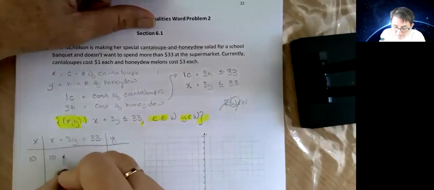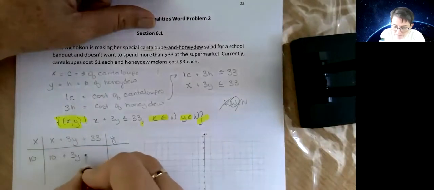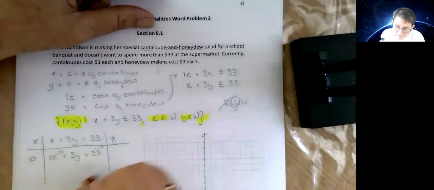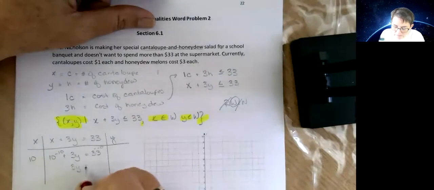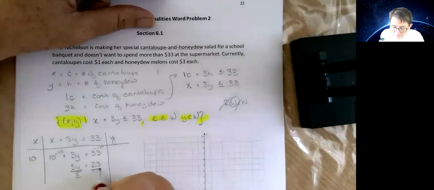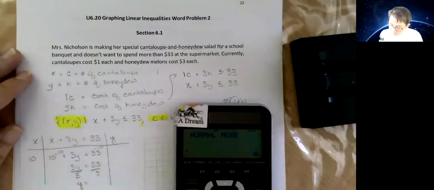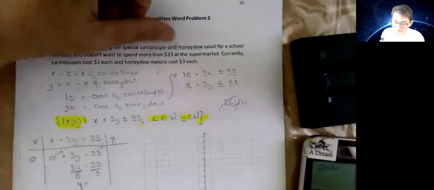So 10 plus 3y is equal to 33. Minus 10, 3y is 23. All right. I know I'm going to get a fraction, and that's okay. 23 divided by 3 is like 7.7.